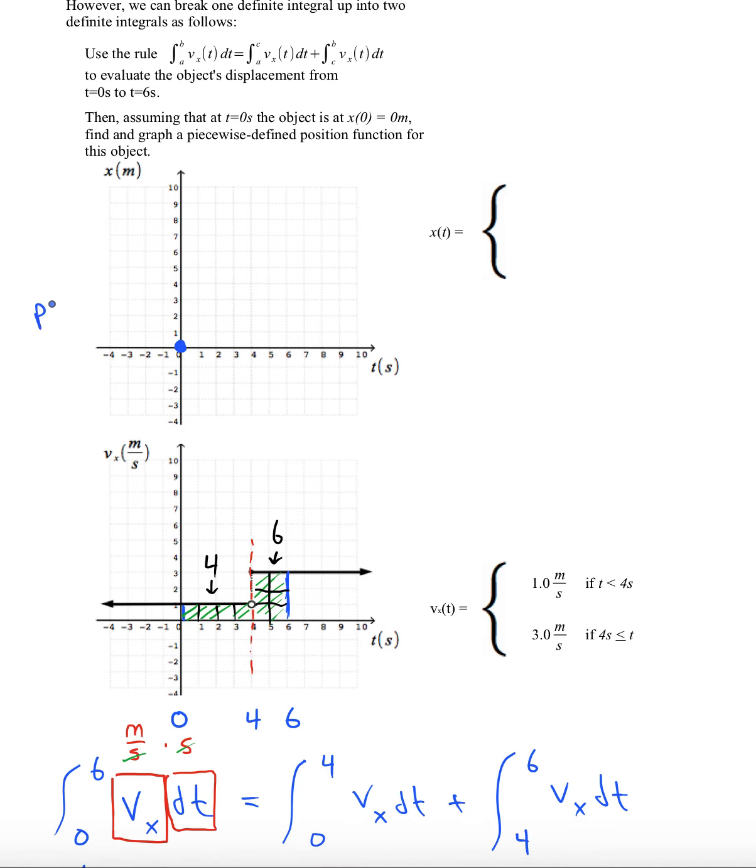That's going to be our object's position at time t equals 0. We want to show where the object goes from there, remembering that velocity is the derivative of position, and so the position will be the antiderivative of the velocity graph.